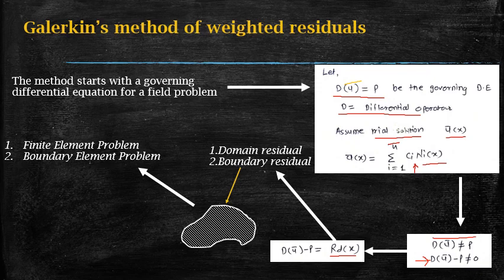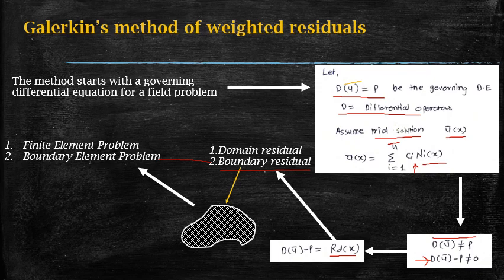Now what is the meaning of these two terms? Let us make it very clear. If the assumed trial solution does not satisfy the boundary conditions, then there will be boundary residuals. And if the boundary residual exists, then the problem is termed a boundary element problem. This is not in the scope of our discussion, so we will not consider this.